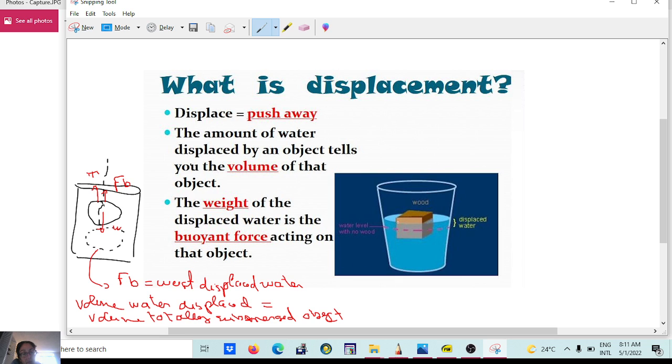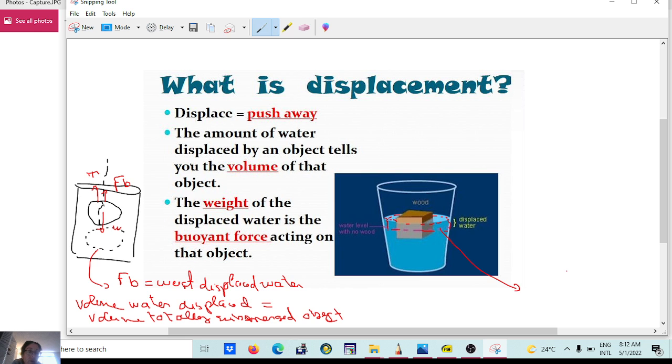Now, if something floats because the density of that object is smaller than the density of the water, in that case, it's going to displace some water, but that water displaced will not be equal in volume to the whole object, right? So it's displacing some water, so I'm going to mark the water that is displaced here. That's going to be a volume.